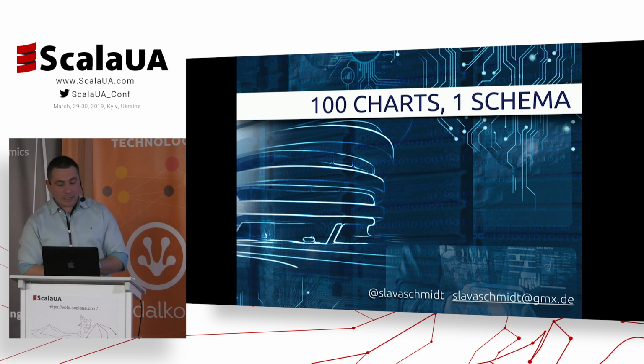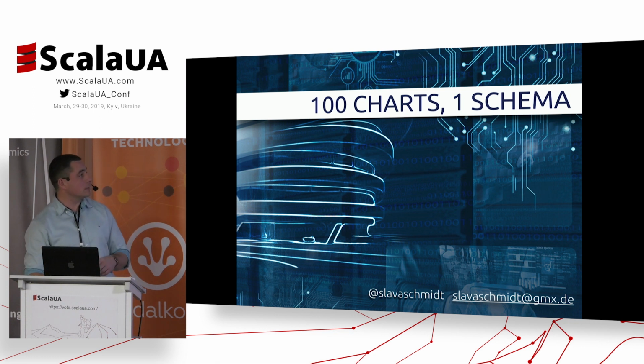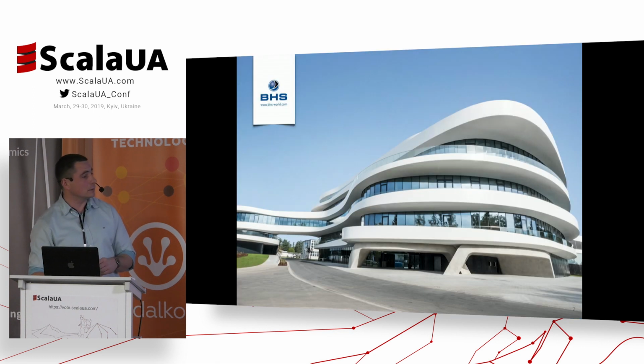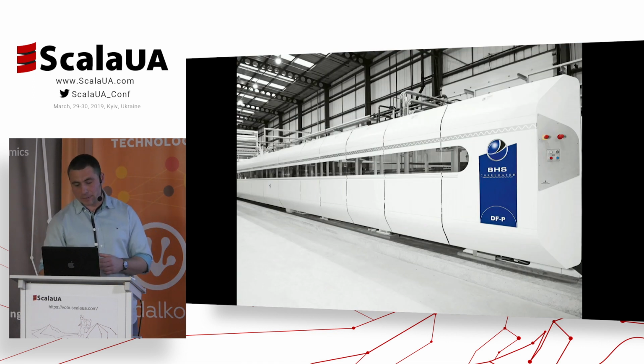Okay, how can this approach be used? I will hopefully be able to show you at least one recursion schema. So the project I did was for this customer. They build factory lines for cardboard. The line itself looks like that, nothing very fancy.